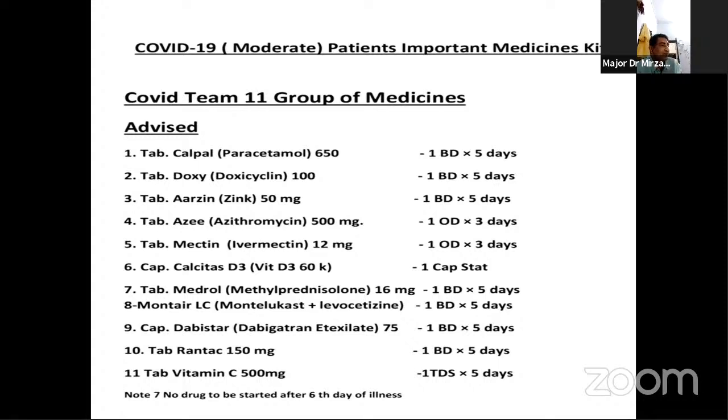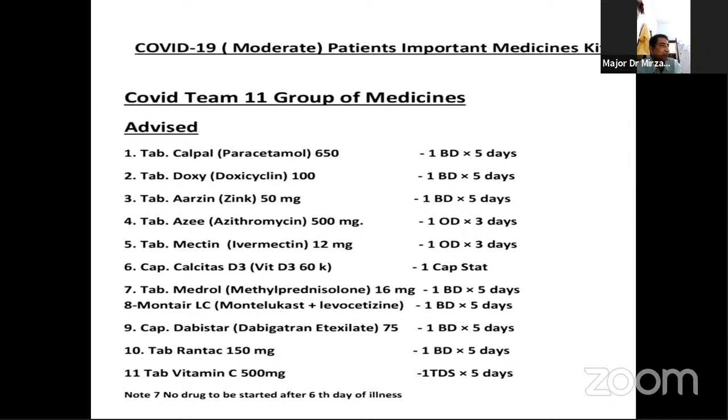So let us have a little deviation from our main topic. I have made a COVID-19 patient important medicine kit, and these medicine kits can be used on a routine basis for ambulatory patients. You must have seen that every doctor is writing doxycycline on the prescription slip, so anybody can ask you what is the role of doxycycline.